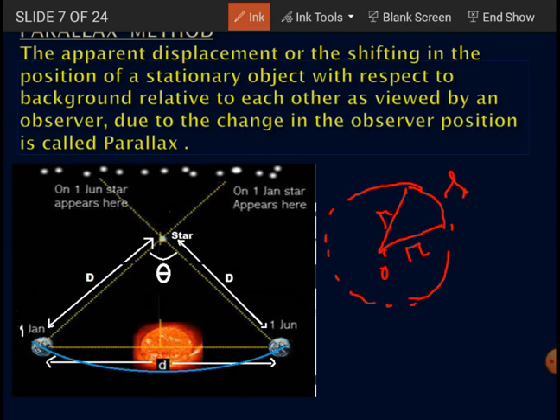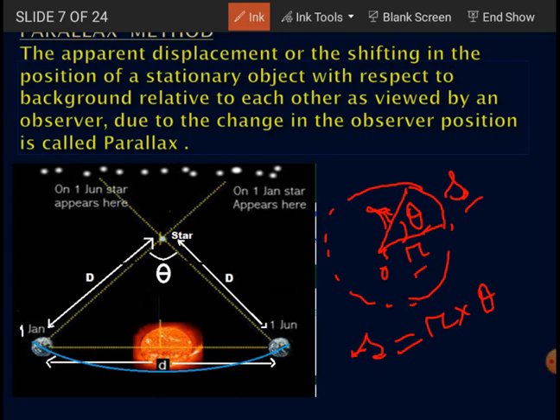The angle subtended by this arc length at the center of the arc, if denoted by theta, then there is a relation between S, R and theta. What is the relation between these three? S is equal to what? The radius times the angle subtended by the arc at the center.